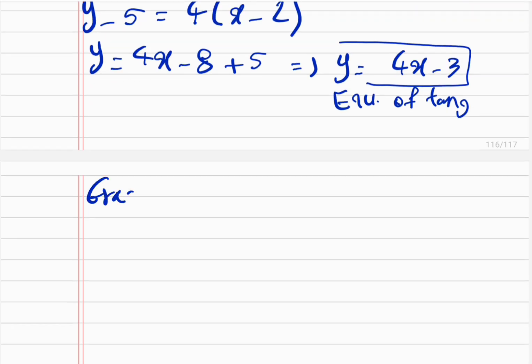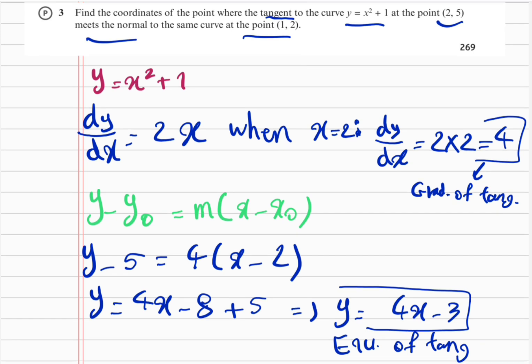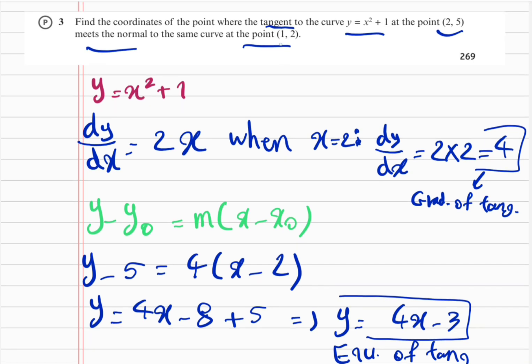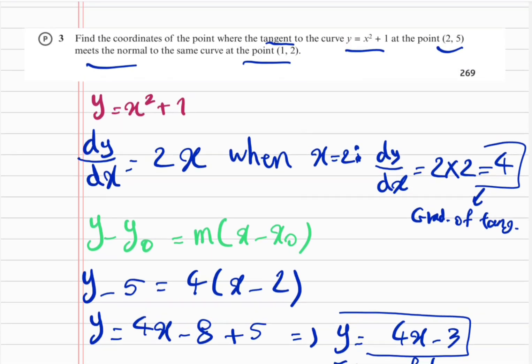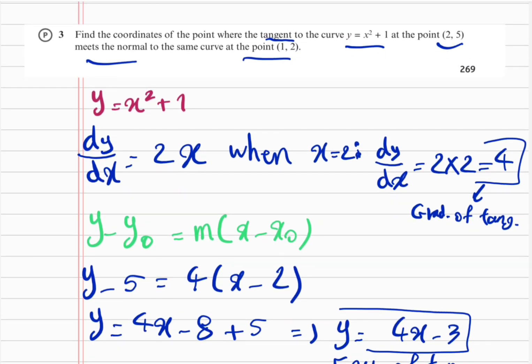So dy/dx is equal to 2 times 1, which is 2. Be careful: 2 is the gradient of the tangent at the point (1, 2), because whenever you differentiate the function and substitute the point into the derivative, you get the gradient of the tangent at that point.